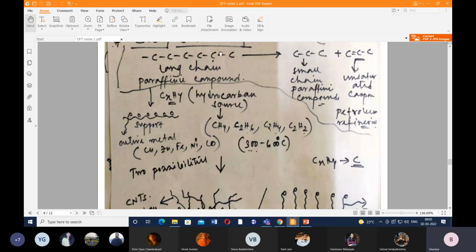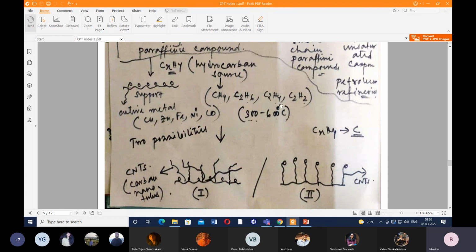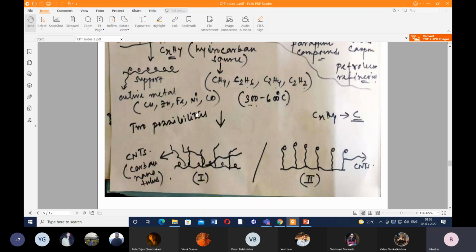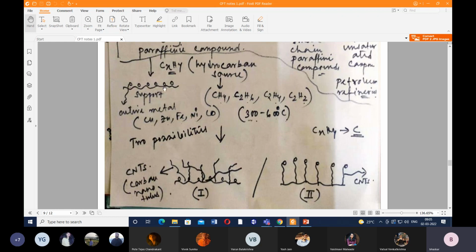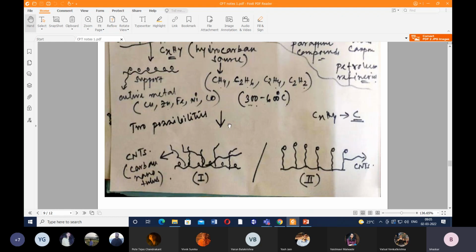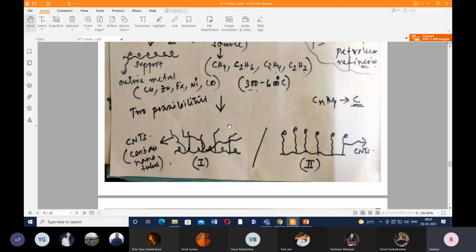This was an example where we have a long chain molecule, but suppose we have a one or two carbon chain molecule. These come in contact with the supported catalyst system, and there are two different possibilities. Here we have metals, and this is the support, so this will depend on the metal support interaction.